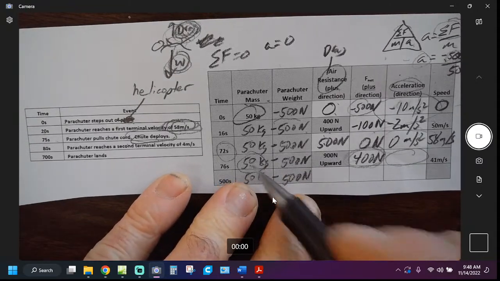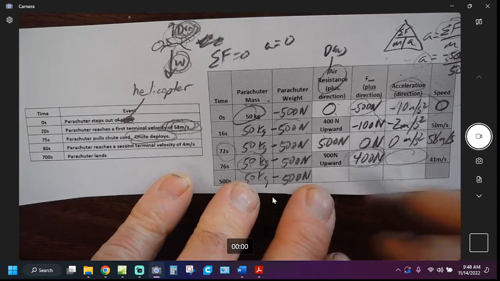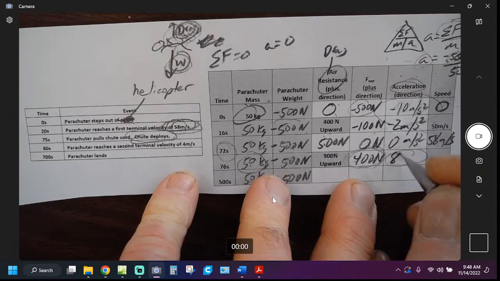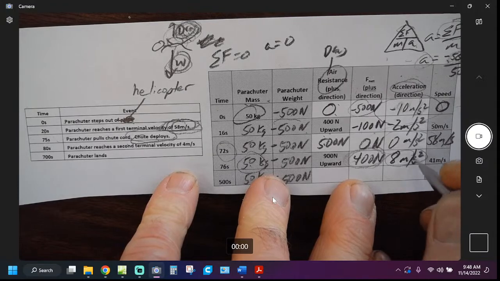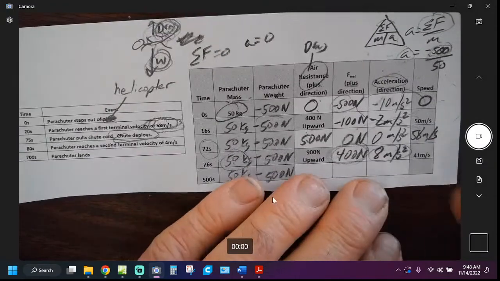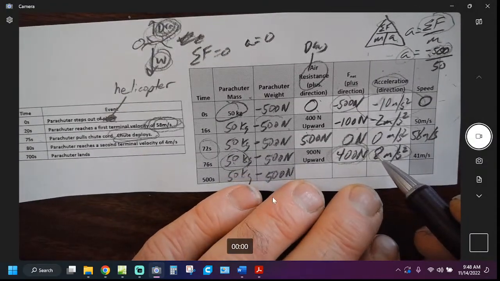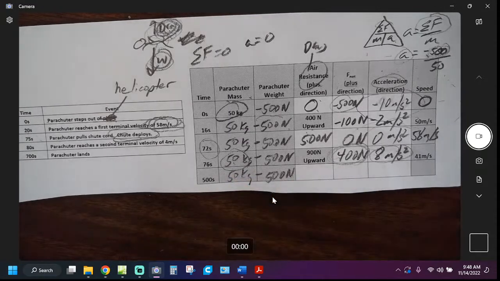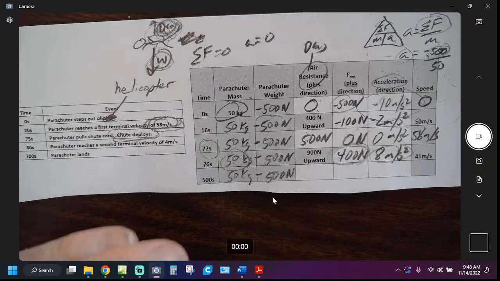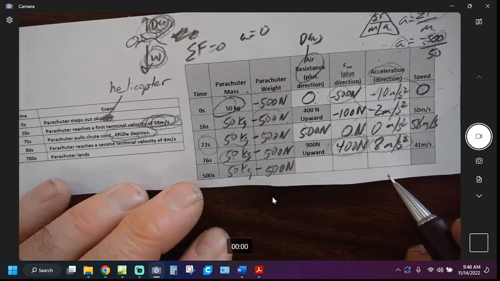What's 40 divided by 5? 8. So 400 divided by 50 is 8. 8 meters per second squared. Now that's positive. That's accelerating upward. It doesn't mean they're moving upward. It just means they're slowing down really fast because they're falling.